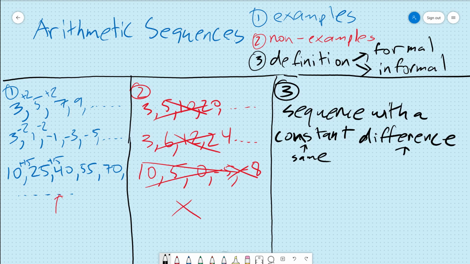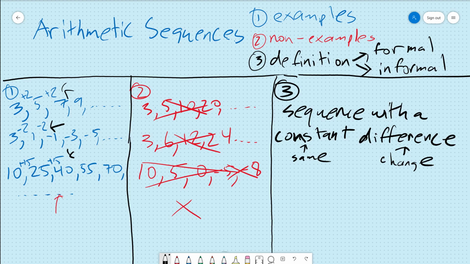So 2 is the difference. -2, 2, 5. Those are all my differences. So overall, this is a formal definition: a sequence with a constant difference.